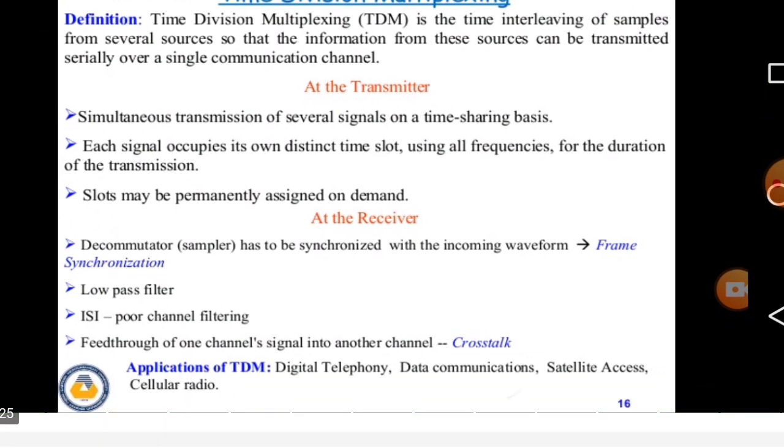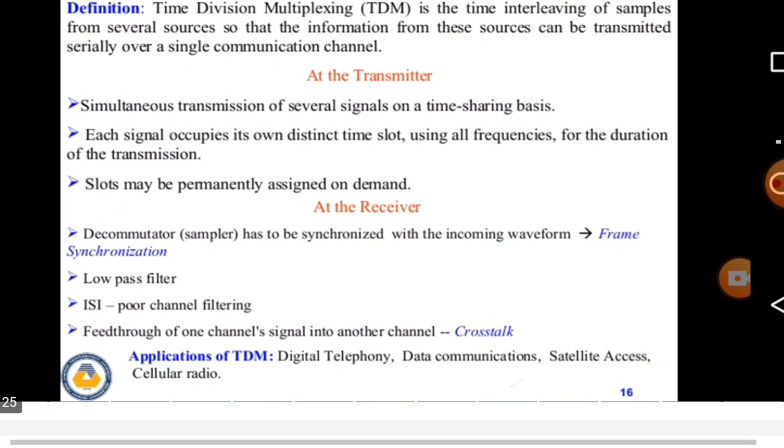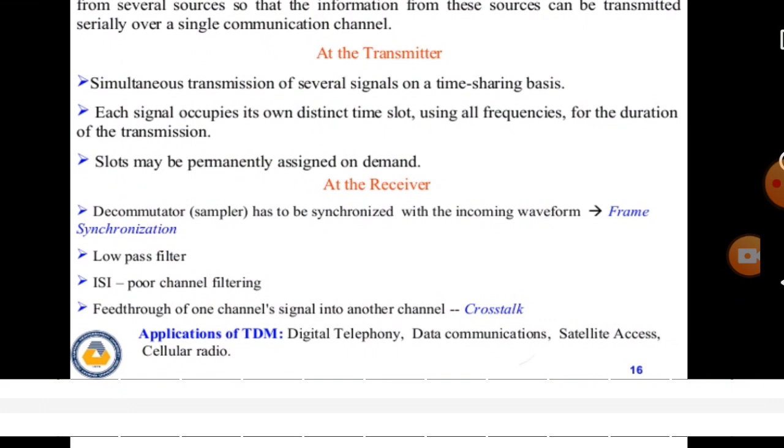At the receiver side in TDM, the demodulator has to be synchronized with the incoming waveform. Frame synchronization, low pass filter, ISI, poor channel filtering.